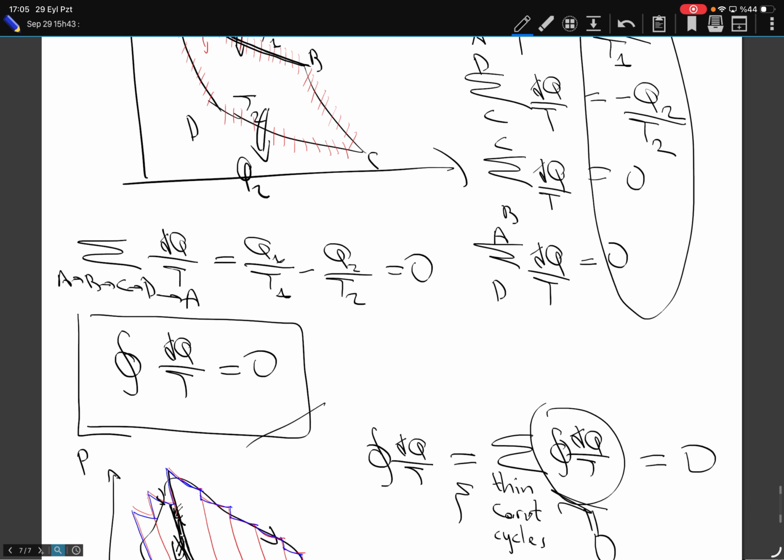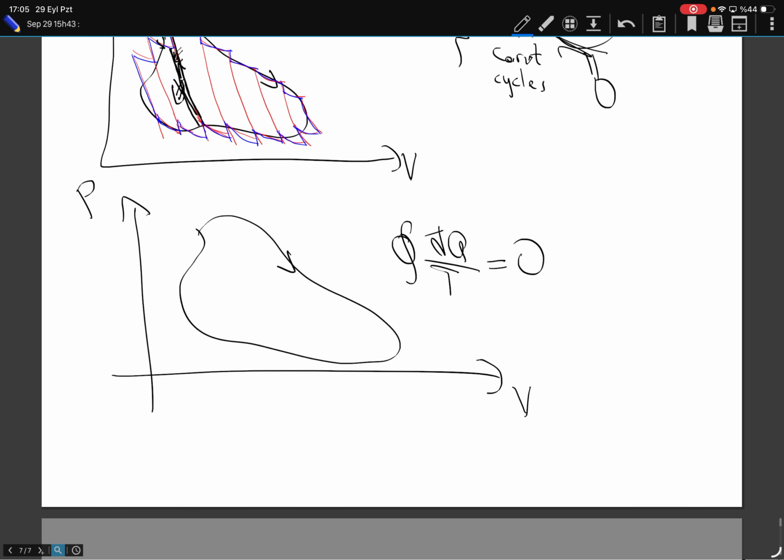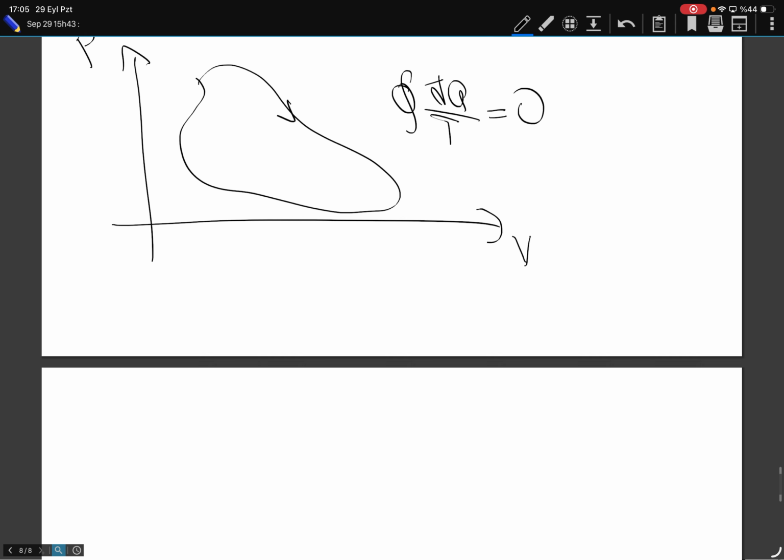You see, we cannot define a function Q. So let me first define the entropy. This is equal to, from the point A to the point B, dq by T. This is how we define the entropy.